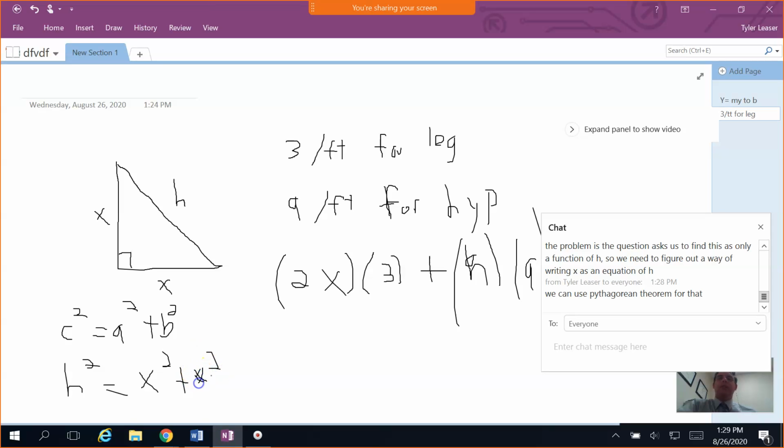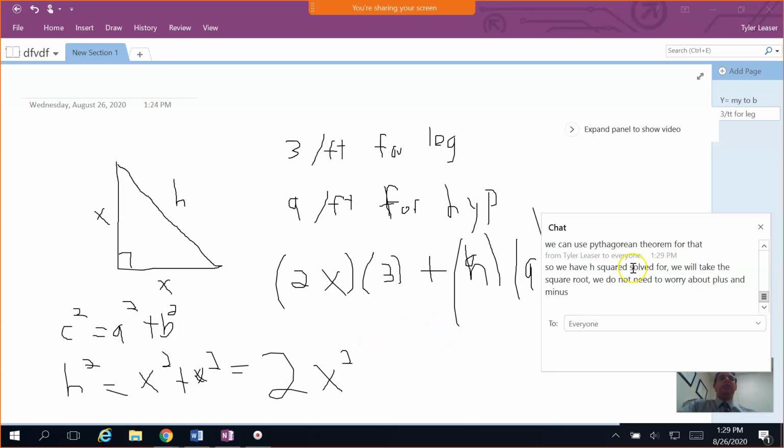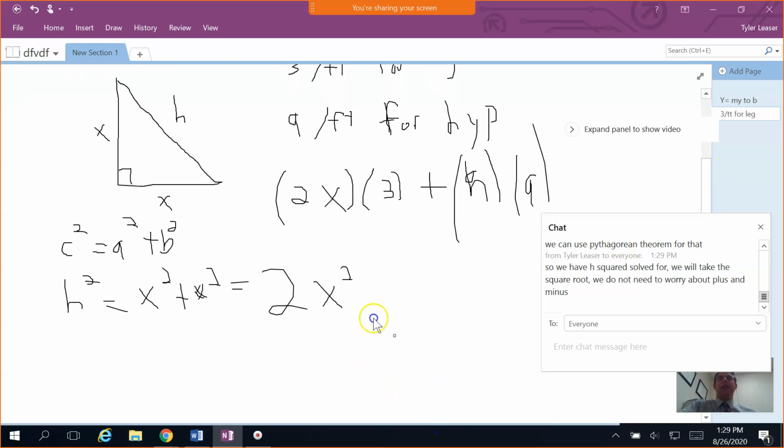This is so hard to do here, I should have done this in Word. And then x squared plus x squared is 2x squared. If I'm trying to solve this for h, we're going to take the square root. We do not need to worry about the plus and minus. Normally, when you take the square root of two sides of an equation, you have to worry about the plus and minus, but not in this case, because we're talking about distances, and distances are always going to be positive.